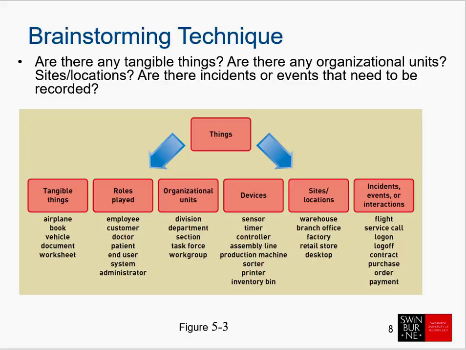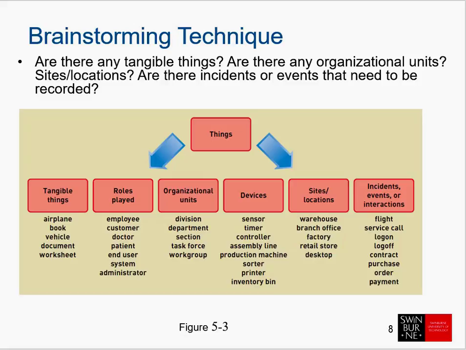Now sometimes information about an incident or interaction can also be a thing. For instance, information about an order, a service call, a contract, or an airplane flight. So all these are incidents or interactions that we need to remember in our system.